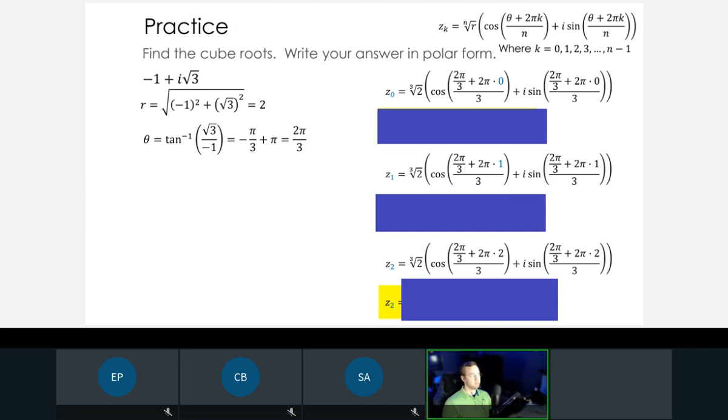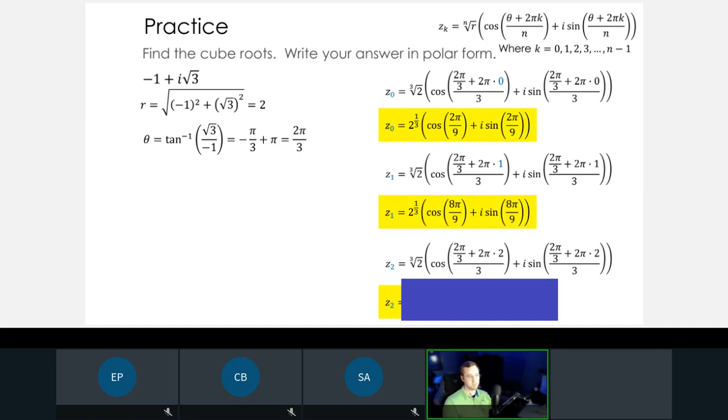All right, so then you just solve all the parts. You're going to type in the cosine of this over 3, hit enter. Type in the sine of this over 3, hit enter. And you should get that. And then we go through the other 2 and just type those in and hit enter.